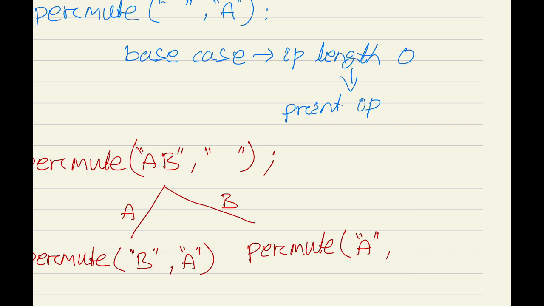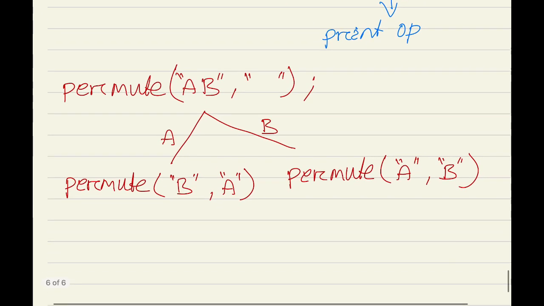Here B is selected, so it is going to be concatenated with the output. The output is an empty string, so if we concatenate B with the empty string, it becomes B.